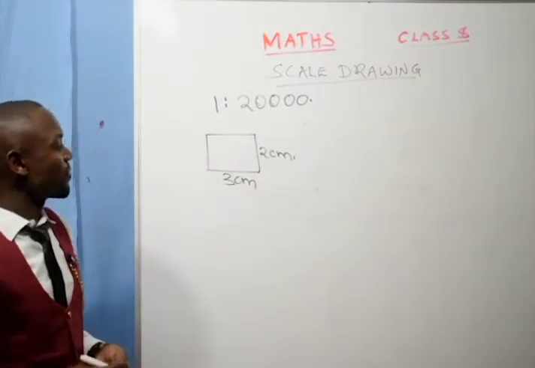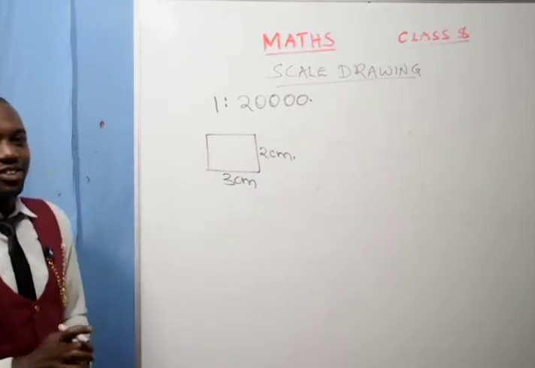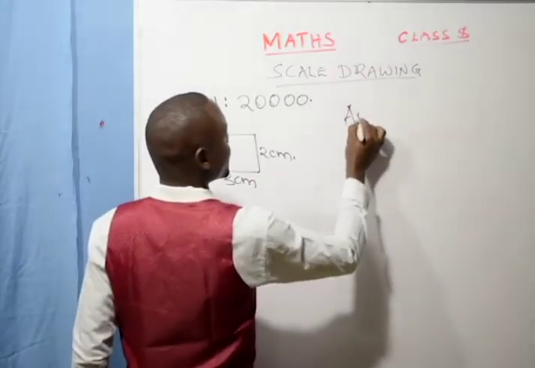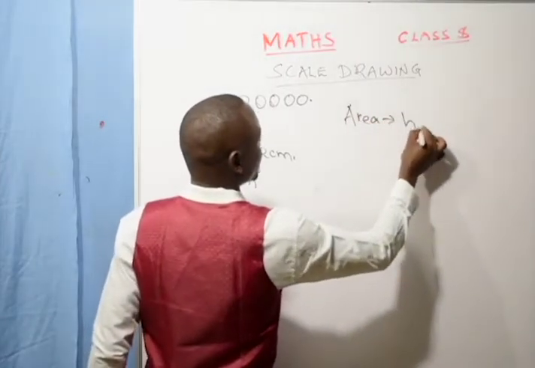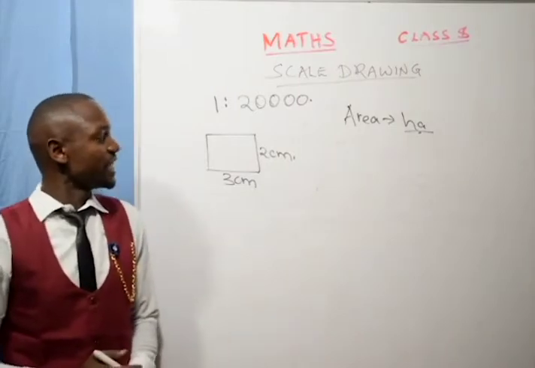A rectangular piece of land measuring 3 centimeters long by 2 centimeters wide is drawn on the map. This is called a scale drawing. Calculate the area of the plot in hectares.